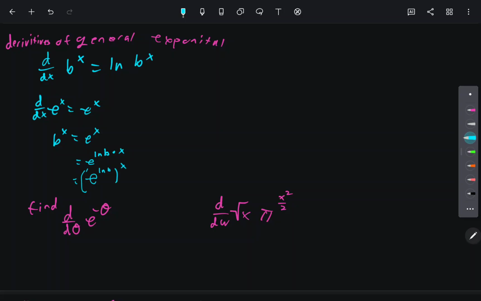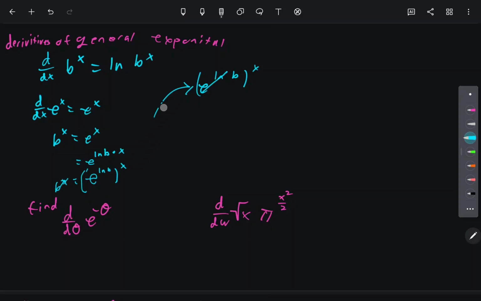And thus we can show that this inside here, the e and the ln will cancel, leaving us with b to the power of x, thus showing that b to the power of x and this are equivalent expressions.